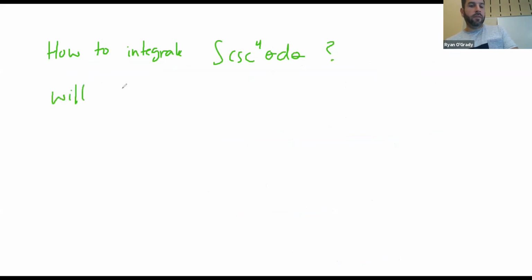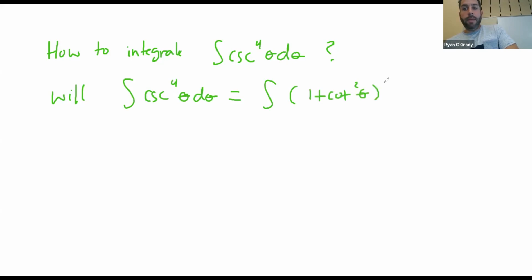So the first thing I'm saying is that from a basic identity standpoint, I ask myself this: instead of writing this as cosecant to the fourth theta d theta, I'm going to write it as, using the trig identity, that cosecant squared is 1 plus cotangent squared. I'm going to ask, will this work? Now I'm asking myself this. I don't even know if it will.